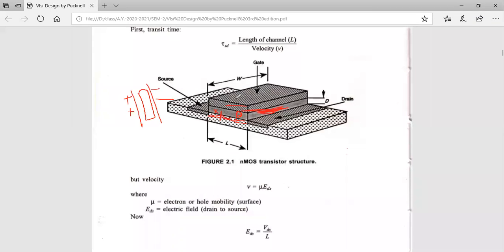So you think this has one plate, this has another plate, and this one has the dielectric. We calculate the charge present here and here. We studied that in intermediate.